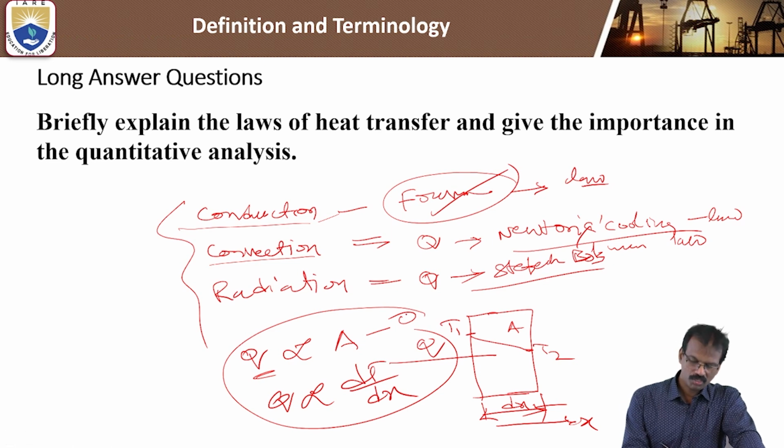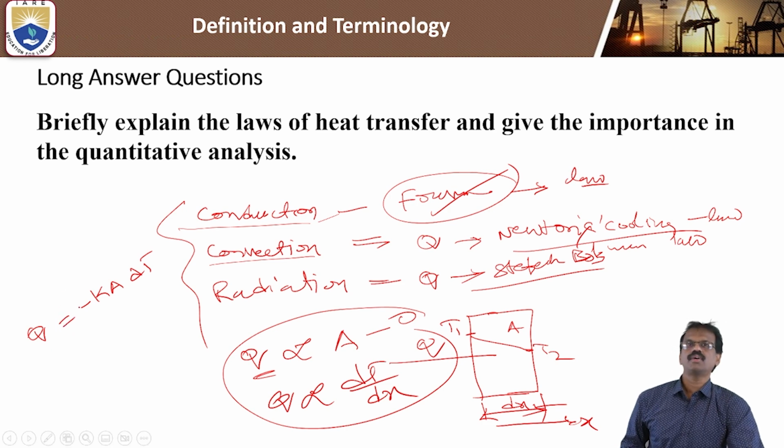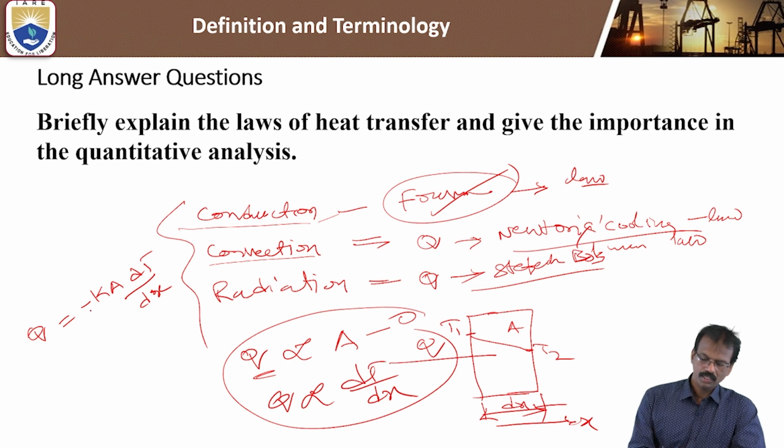Based upon this, he has given one formula: Q is proportional to minus k A dT by dx. We remove the proportionality and give equality by using a constant k, which is nothing but thermal conductivity. The minus symbol shows that heat always transfers from higher to lower temperature, since the temperature gradient is always decreasing. So we use the minus sign. This is the formula.